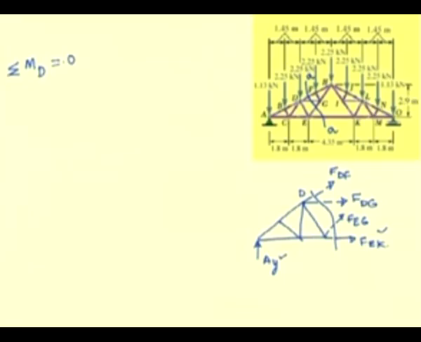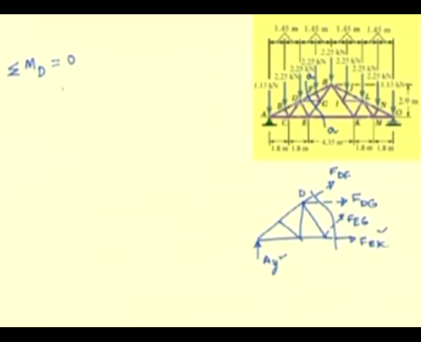to be 0. Since these two forces FDF and FDG are concurrent at D, their moments are 0, and only we have the moments of this force FEG, the moment of this force FEK and the moment of this force Ay in the moment summation equation.